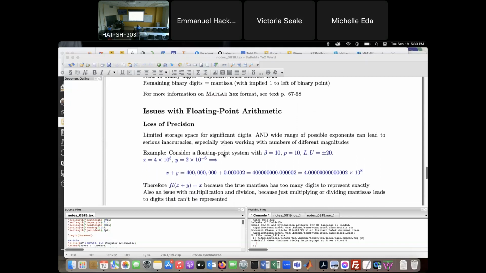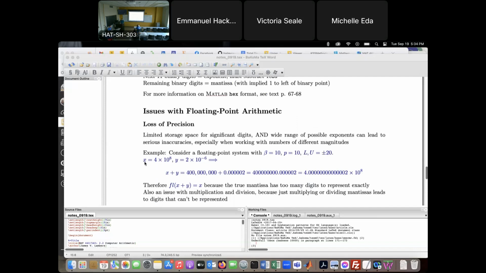Okay, so here's an example of what can go wrong because of these limitations. In this example, we're dealing with a floating point system. Just for convenience, we'll stick with base 10, and we assume 10 digits of precision, and the range of exponents will be between plus and minus 20.